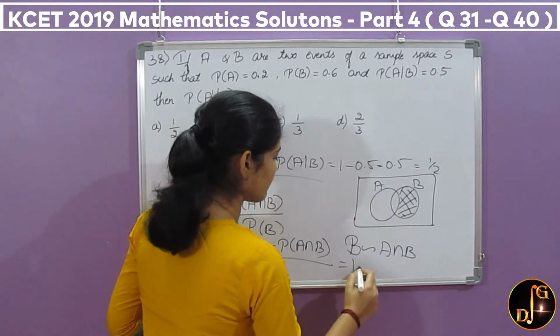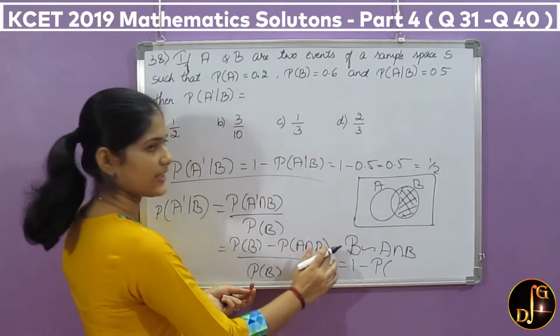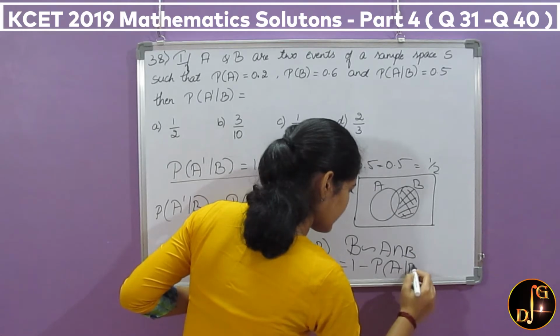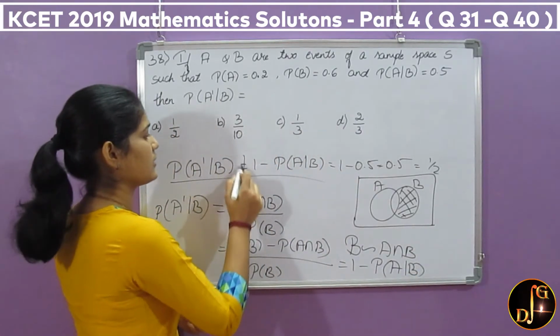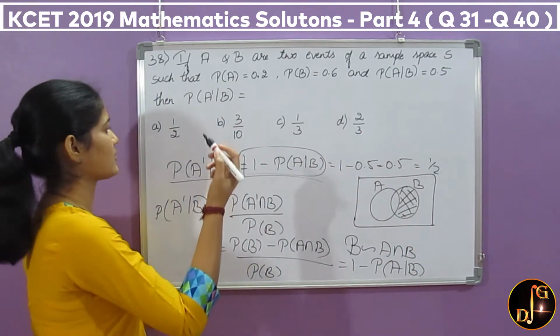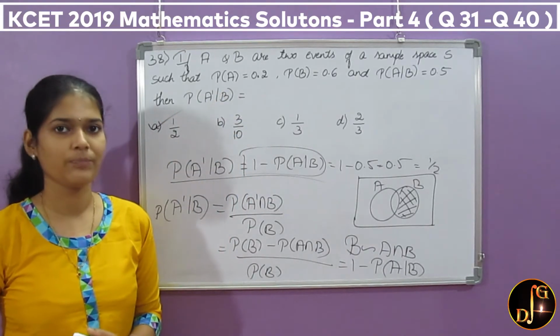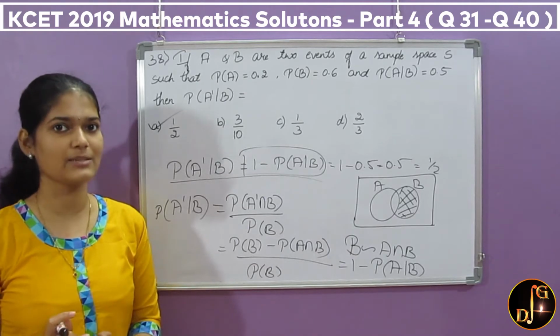This is nothing but 1 minus probability of A intersection B by probability of B, which means A given B. So we got this formula. Right? So the correct answer is option A. Right? Now let's move on to the next problem.